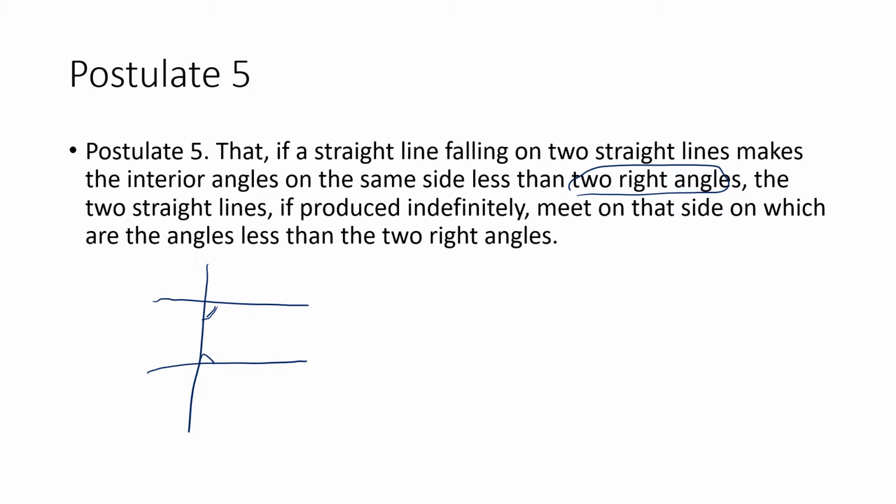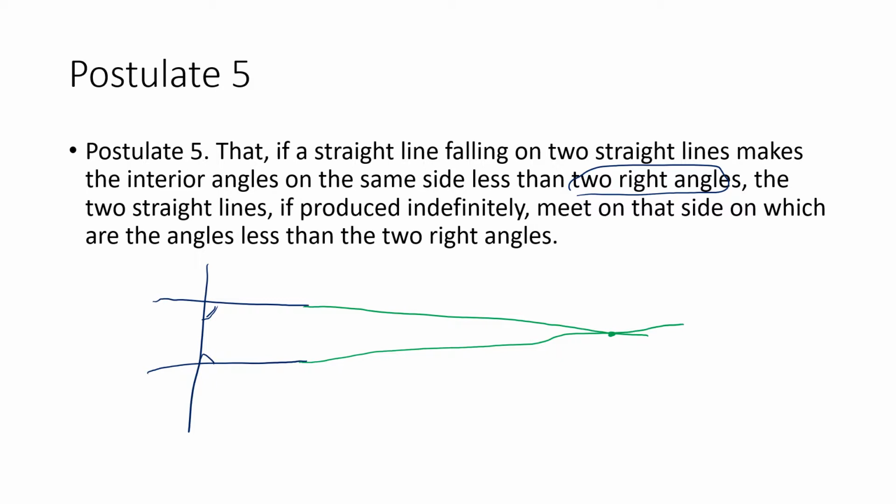Then the two straight lines, if produced indefinitely, they will meet on the side on which the angles are less than two right angles. So it says they will definitely meet.